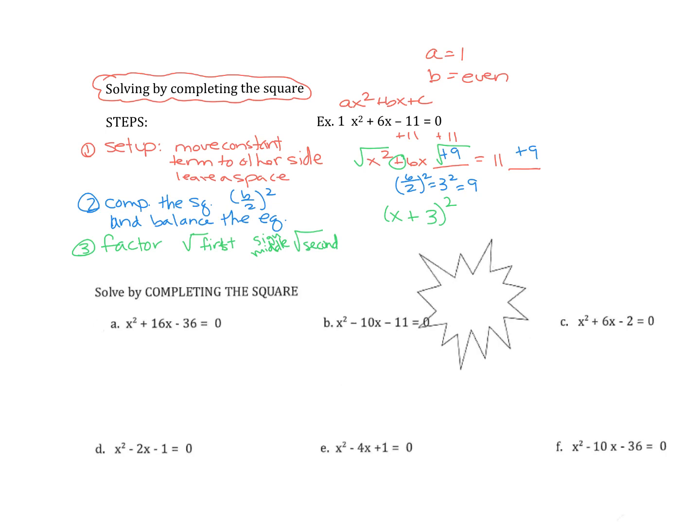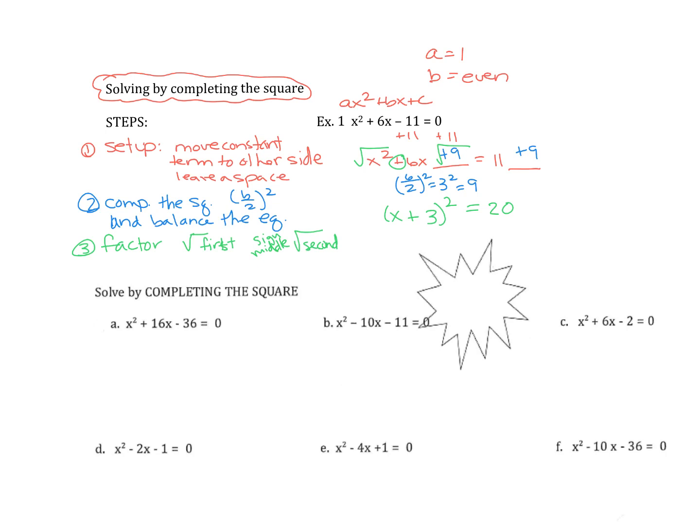So my perfect square trinomial, x squared plus 6x plus 9, factors perfectly into the binomial x plus 3 squared. This is the whole point of completing the square. You want to get your trinomial factored. And that is equal to 11 plus 9, or 20.